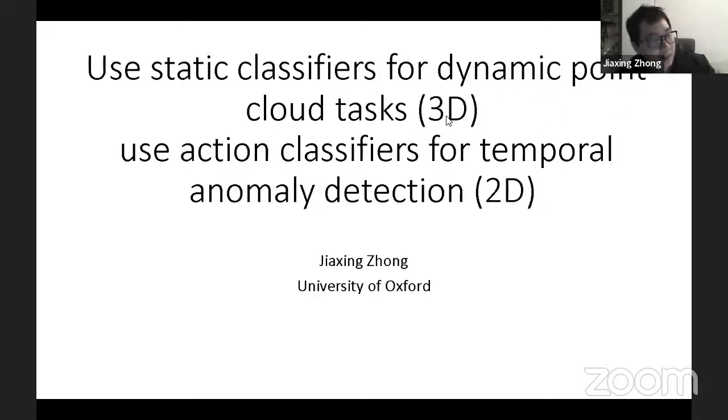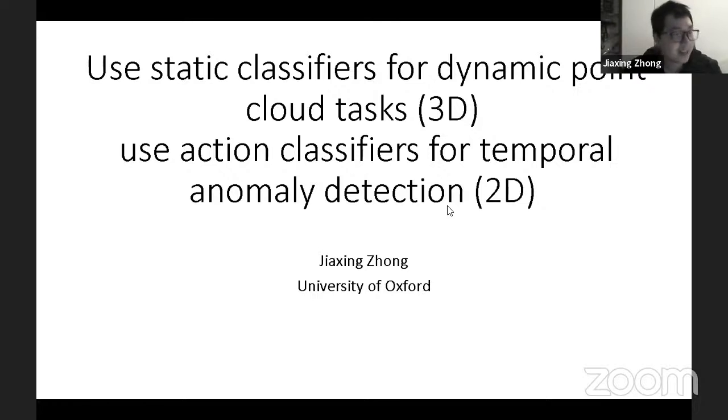That is the 3D domain work. And in our second project, we are trying to use a classifier to do a detection task. In short, today I would like to talk about how we can put some seemingly irrelevant things together.